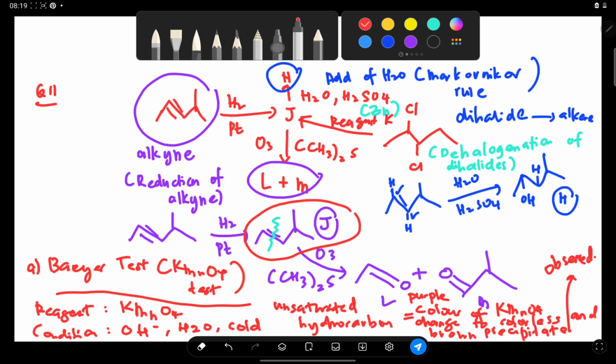This is the format for the answer: purple color of potassium permanganate changes to colorless, and brown precipitate observed at the bottom of the test tube. Whereas if compound J is not an alkene, the purple color of potassium permanganate remains unchanged. Because in this question compound J is an alkene, the answer should be this one.